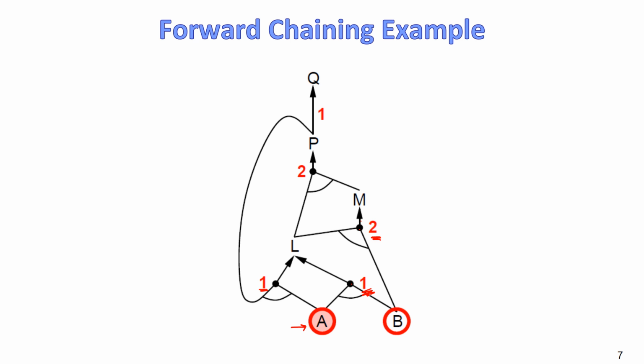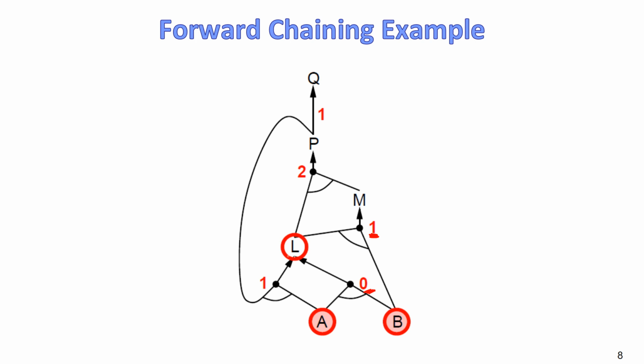If you remember, once the counter of an implication sentence becomes 0, then we should activate its conclusion. Here we will add its conclusion to the queue. So this one now will be 0, which means that we should add its conclusion to the queue. So now L is added to the queue, and this one now becomes 1.